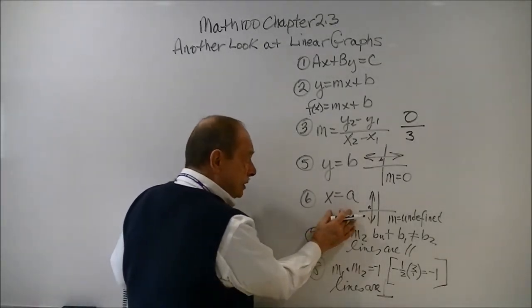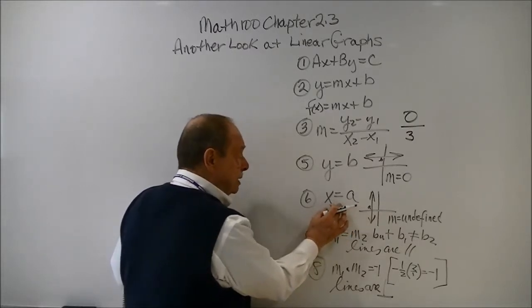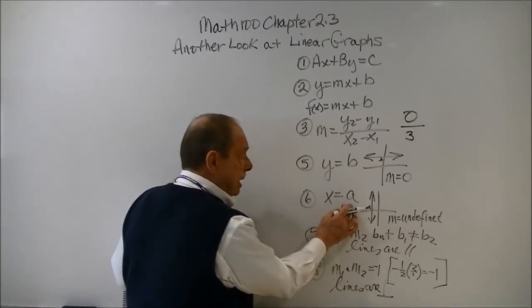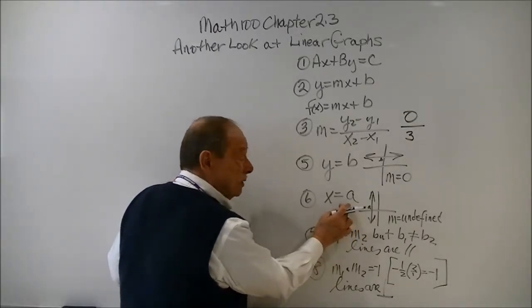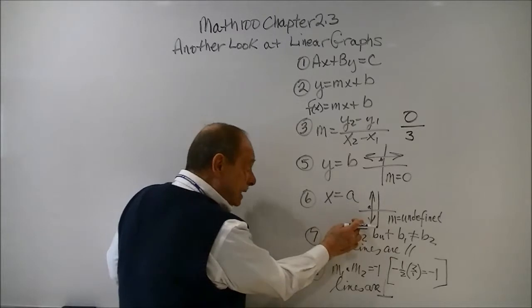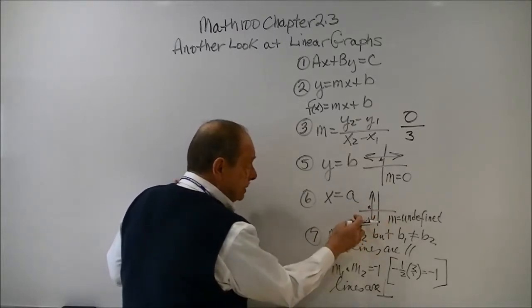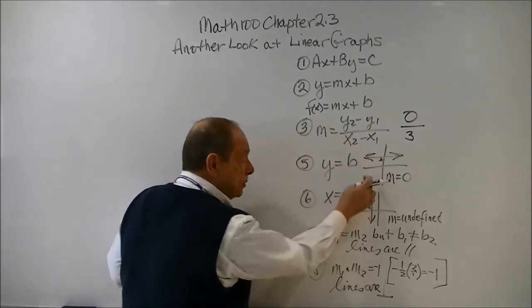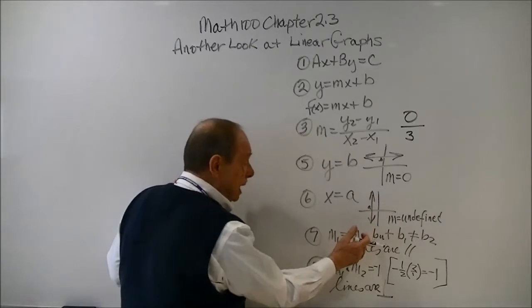Here is another equation in standard form: x equals a. And a happens to be, you might recall, the x-intercept, so it's where on the x-axis this equation will cross. Again, it's a straight line, but it's a vertical line.